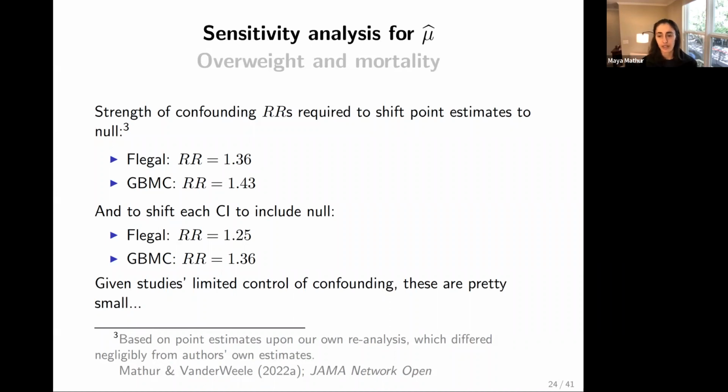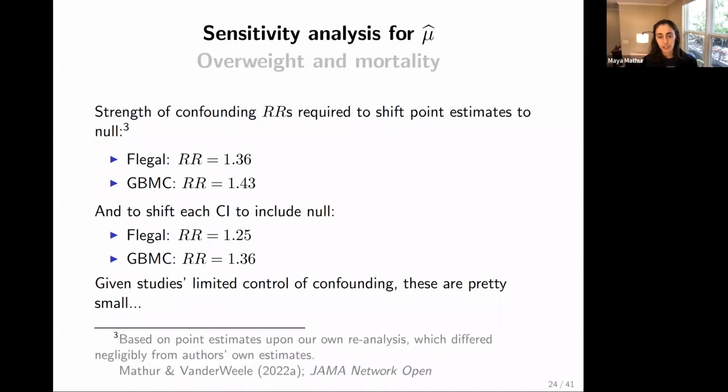So again, saying that if across studies on average, there were uncontrolled confounders that were associated with both being overweight and mortality by risk ratios of 1.36, that could potentially be enough to explain away this protective association. And similarly, for GBMC, the meta-analysis that indicated a detrimental association, we get an e-value of 1.43. So kind of comparable strengths of confounding.